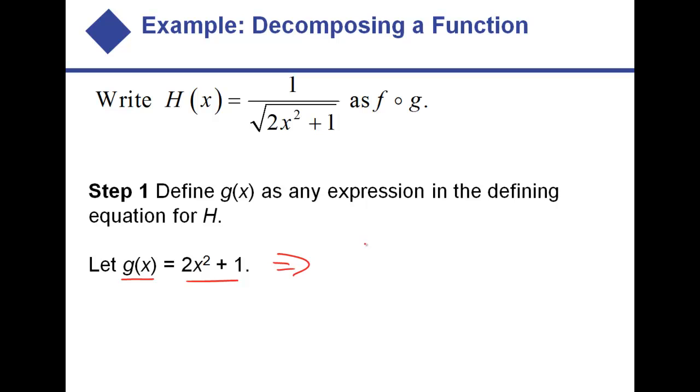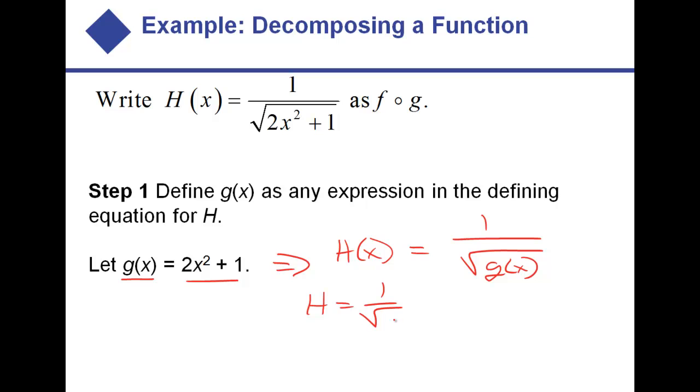So by substitution, that just means h of x equals 1 over the square root of g of x. So what's the general form of the h function? The h function is really just 1 over the square root of something, whatever it happens to be.